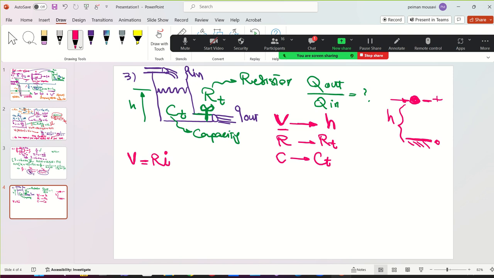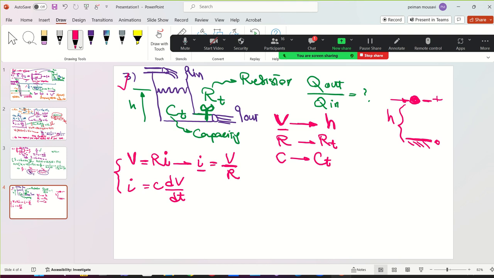So from here, you know that i equals V over R. And also you know that i, as I showed you in the previous page, is C dV over dt. Okay. You understand? What is the analogy of the i in the tank of the water? Current.